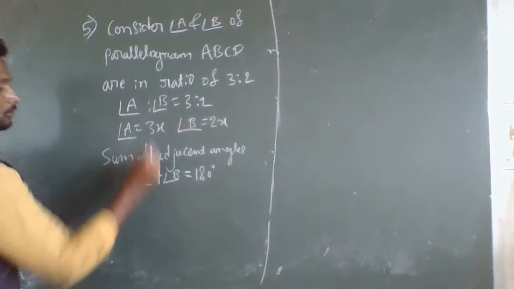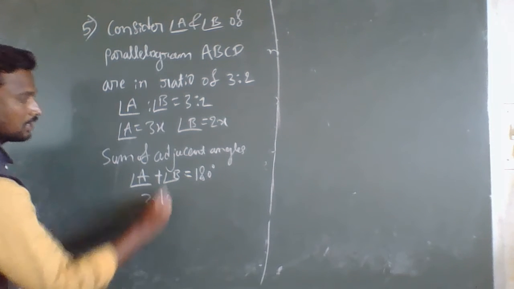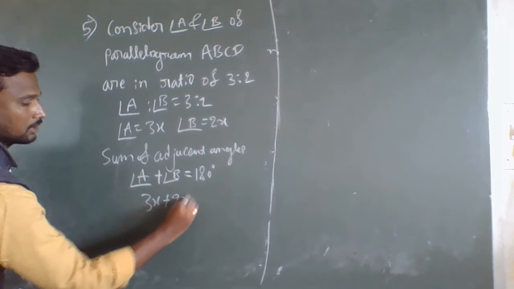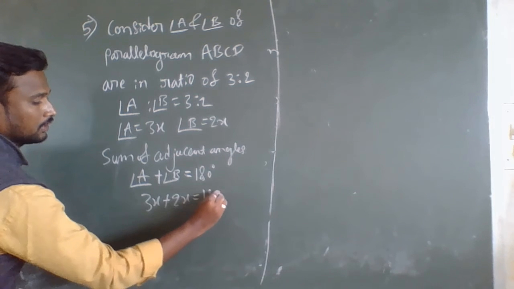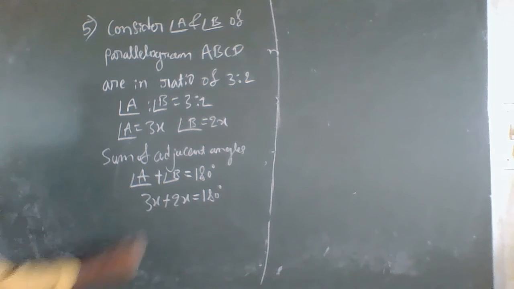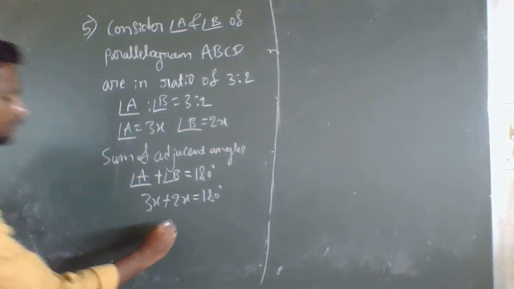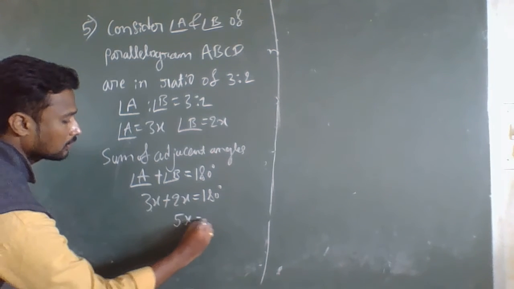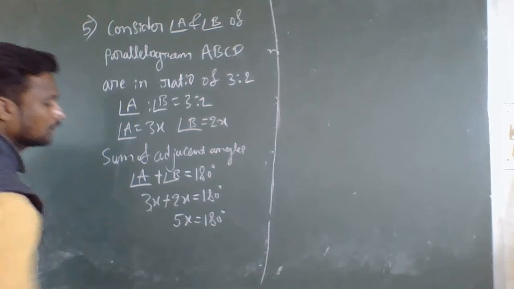Angle A is 3x plus angle B is 2x, which is equal to 180 degrees. Now 3x plus 2x is 5x, which is equal to 180 degrees.